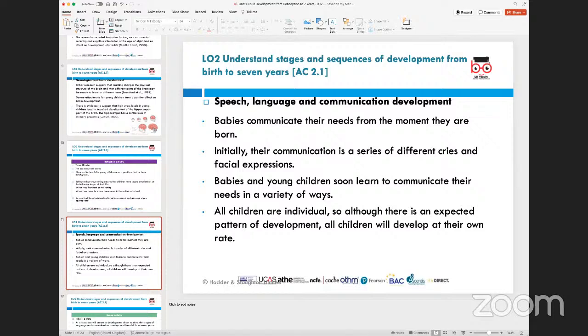The practical application for us is that the child learns how to communicate, how to ask, and in some cases how to provide information, apart from using bodily gestures or crying, which we see in most cases from birth to year 1, because their language, speech, and communication skills are not yet developed.